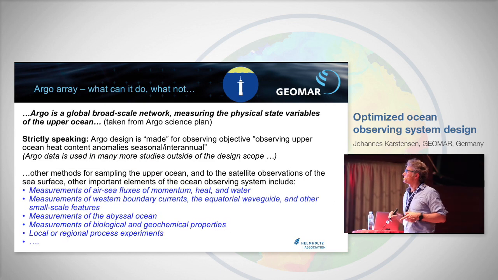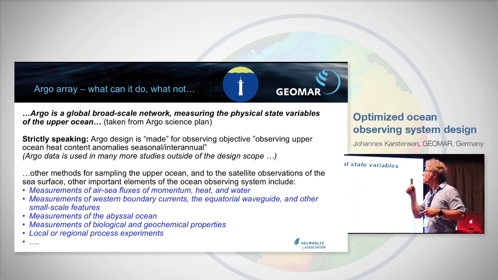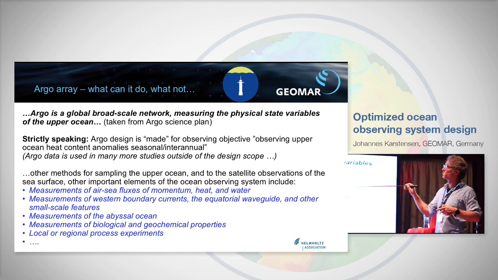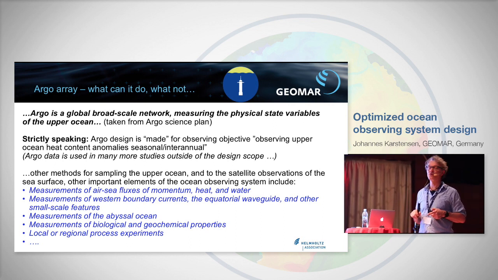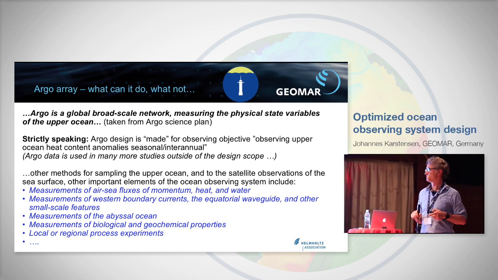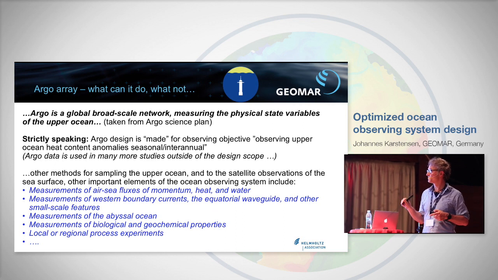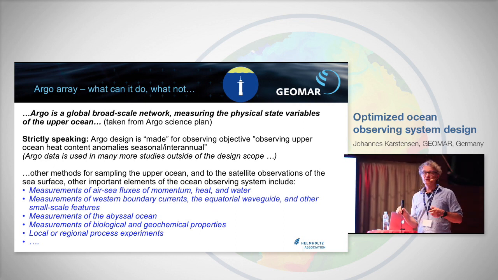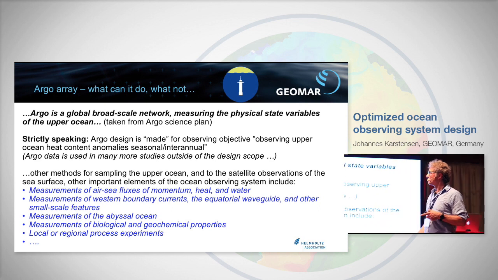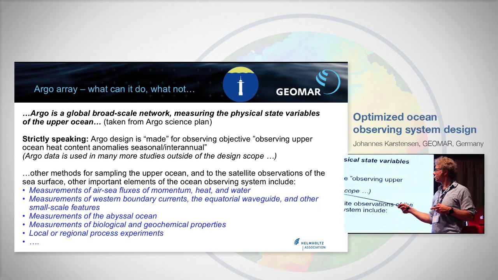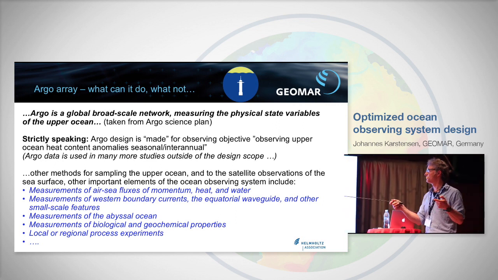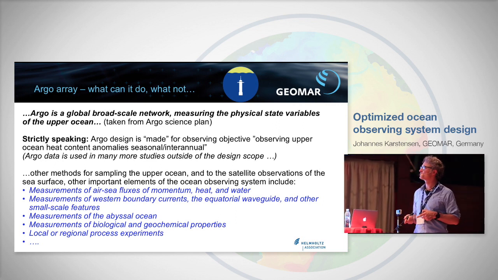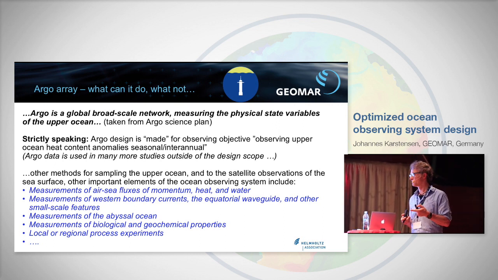But that was already recognized in the Argo science plan. It's a global, broad-scale network measuring physical state variables of the upper ocean for climate. So it's only for climate. It was also recognized there that you need other sampling methods for the upper ocean: satellite observations, moorings, and other important elements, for example, to measure air-sea fluxes of momentum, heat, and water.